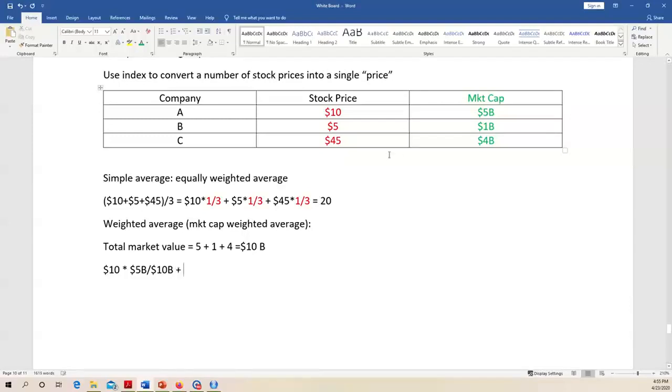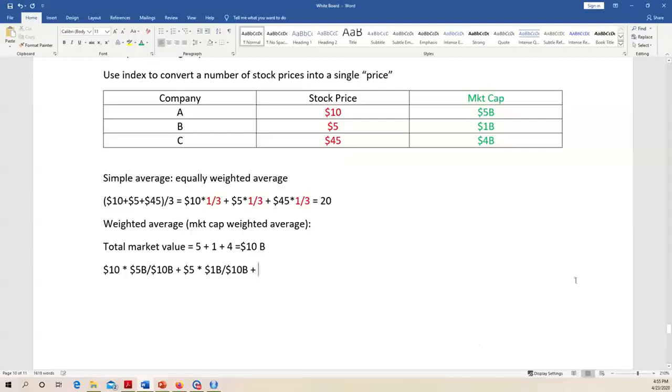Now let's move on to the second company, B. Its current market price is $5, multiplied by the weight for company B. Company B is the smallest among the three, so the weight for company B is its own market value, $1 billion US, as the numerator, divided by the denominator, the total market value, $10 billion US.